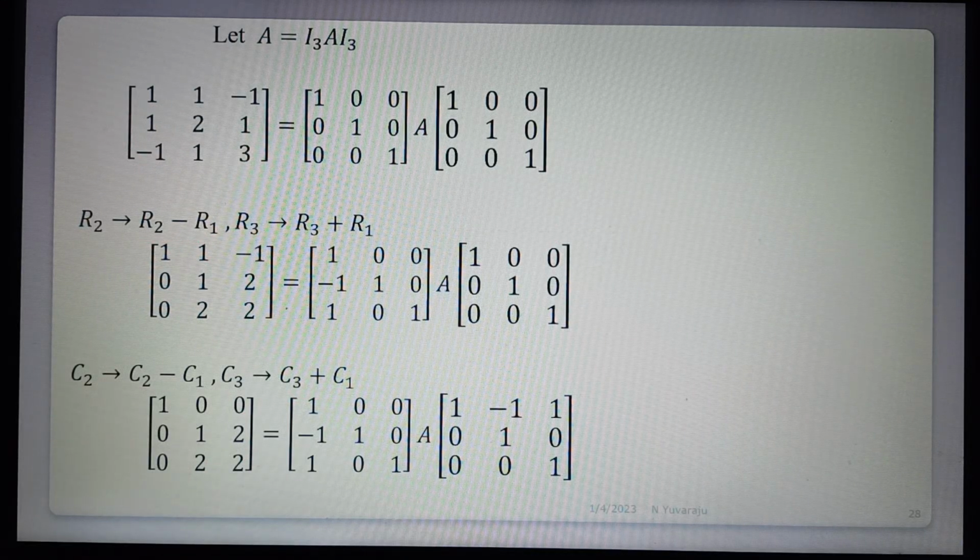Now our next aim is to make this element 0 using a row operation, with the same row operation then applied as a column operation. First of all, make this element 0 using R2.